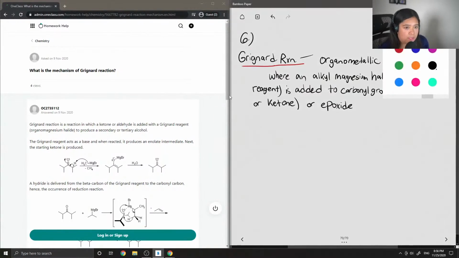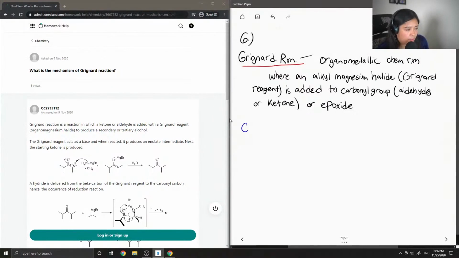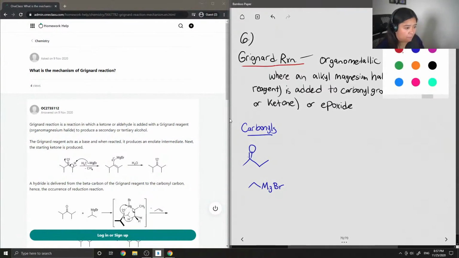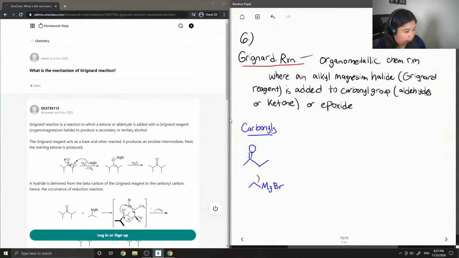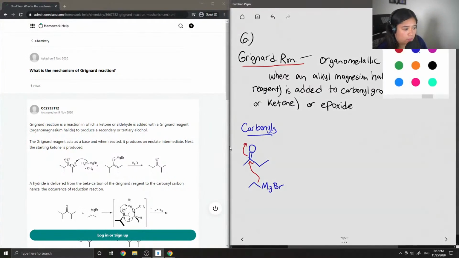So let's say we had carbonyls. Let's say we had a ketone. And then this is our Grignard reagent. It will attack at the carbonyl, and it will give us a negatively charged oxygen.